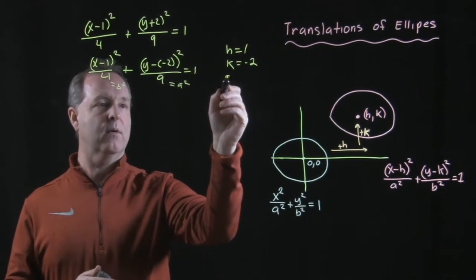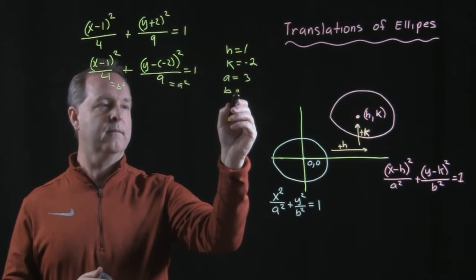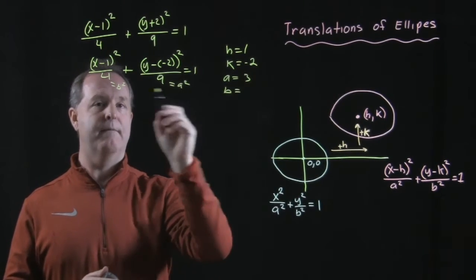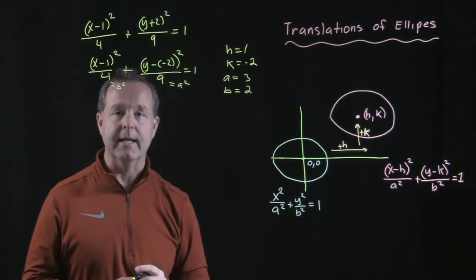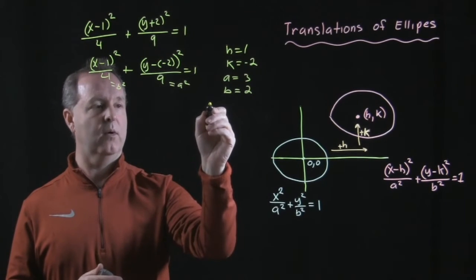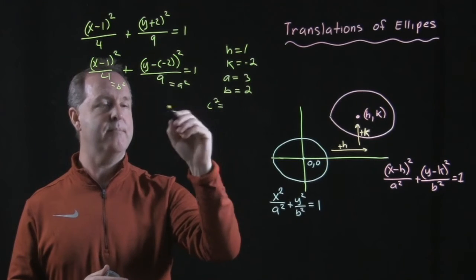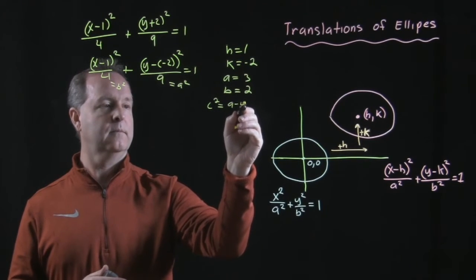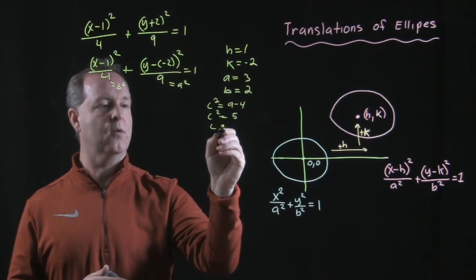So a would equal 3, and b equals 2. And then lastly, we need to figure out what c is. So c squared is the larger term squared minus the smaller, so 9 minus 4, and c equals root 5.